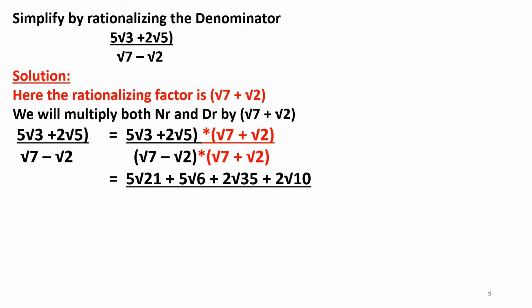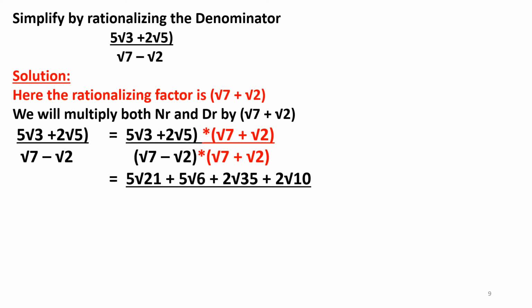See the multiplication, 2 into 2, 4 times. 5 root 3 into root 7 is 5 root 21. 5 root 3 into root 2 is 5 root 6. 2 root 5 into root 7 is 2 root 35. 2 root 5 into root 2 is 2 root 10.